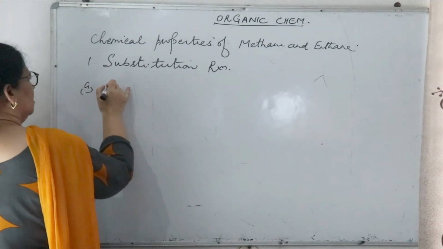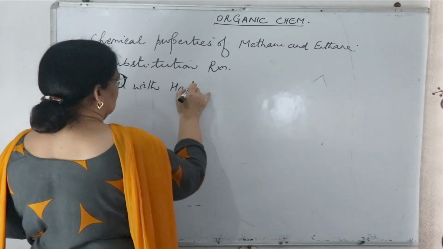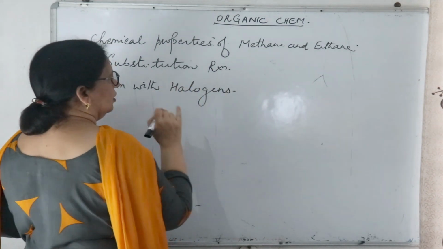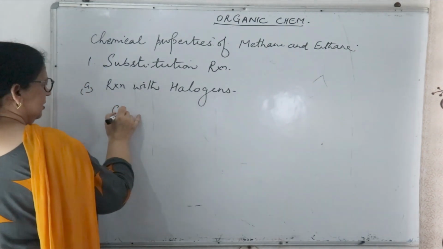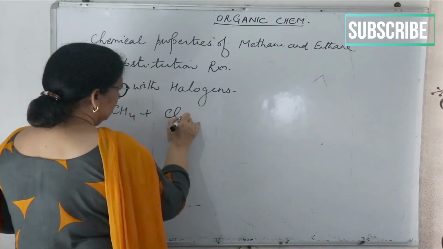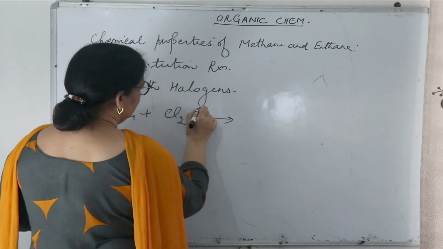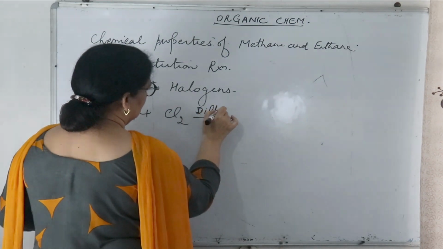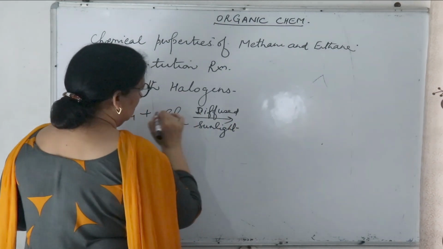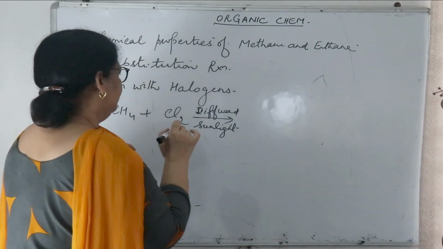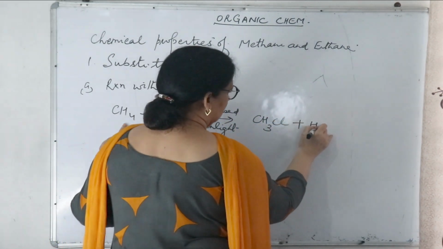First one is reaction with halogens. Methane plus halogen, that is chlorine, and the reaction takes place in diffused sunlight, and this will form CH3Cl plus HCl.